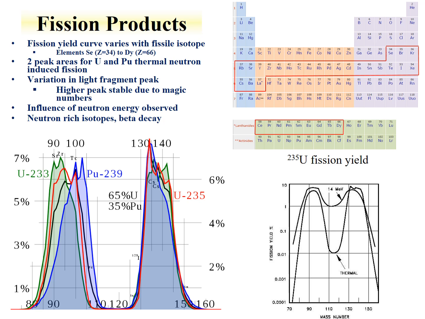And here are shown some different yields for fission products as a function of fissile isotope. The green here is for uranium-233, the red is for uranium-235, and the blue is for plutonium-239. There is one trend that's seen here, is that the high Z peak is fairly constant and the low Z peak varies.